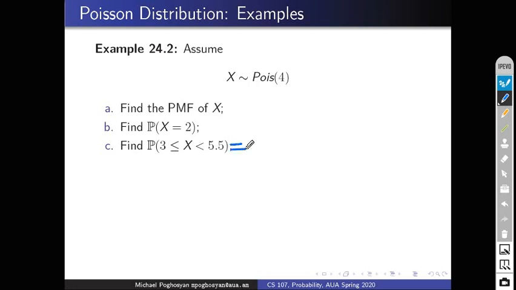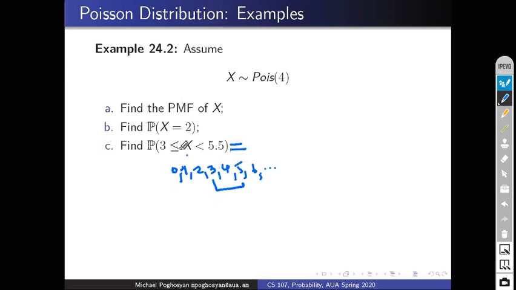So this is equal to, because the values of x can be either 0 or 1 or 2 or 3 or 4 or 5 or 6, etc. So only the values 3 up to 5 will satisfy this inequality.